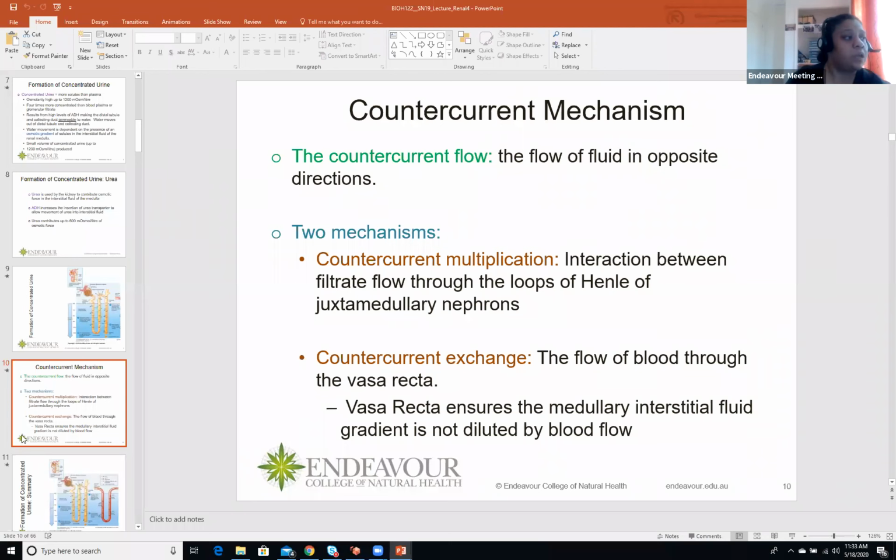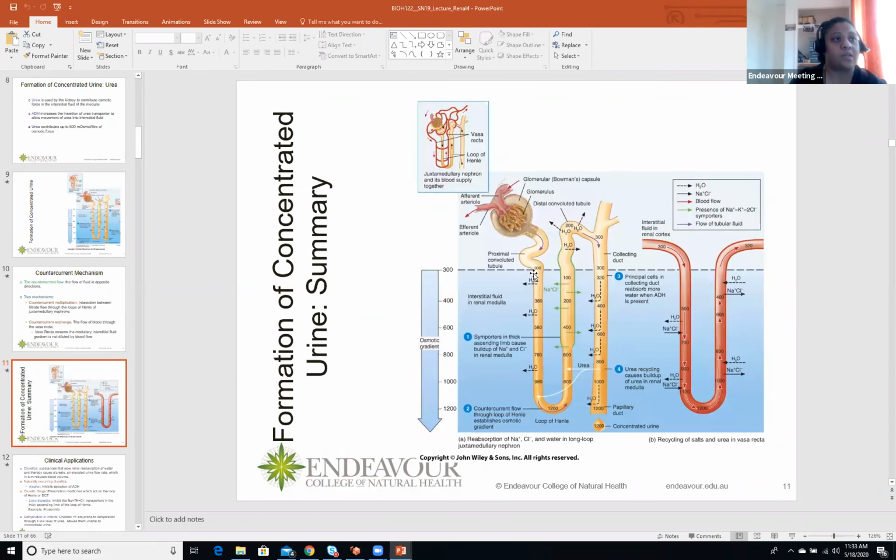If you look at the loop of Henle, in the descending limb, the direction is from up to down, so things are moving in this direction. In the ascending limb, things are moving in the opposite direction. When things are moving downward, the osmolarity of the solutes is increasing.